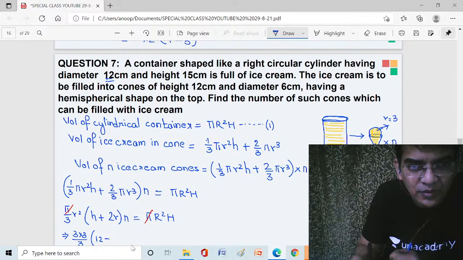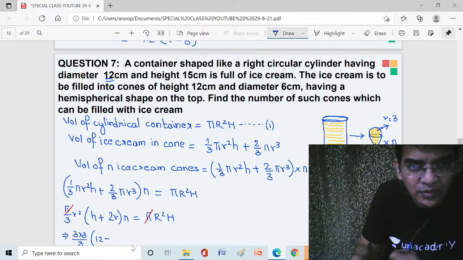So let's see how it can be reduced. So this 3 will reduce 6, 2 times. This 3 will reduce 15, 5 times. And this 6 will reduce 18, 3 times. So we are left with 2 into 5.